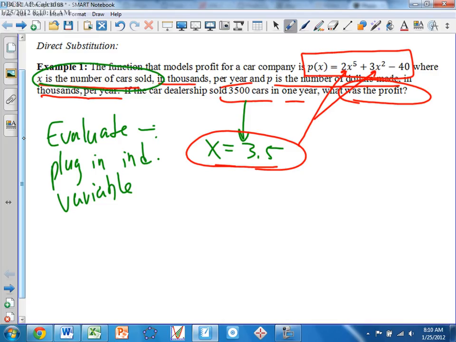Take that over 5. 5, 10, 15, 20, 25. What was your answer?